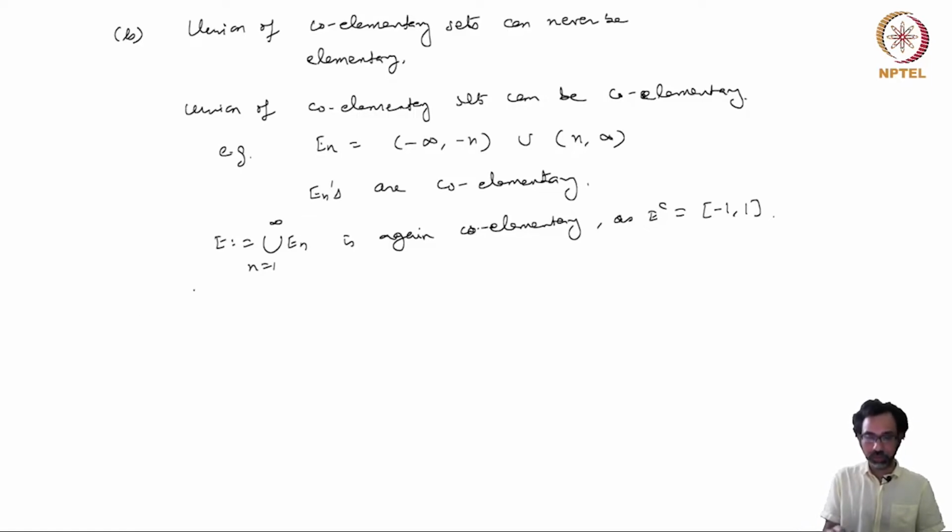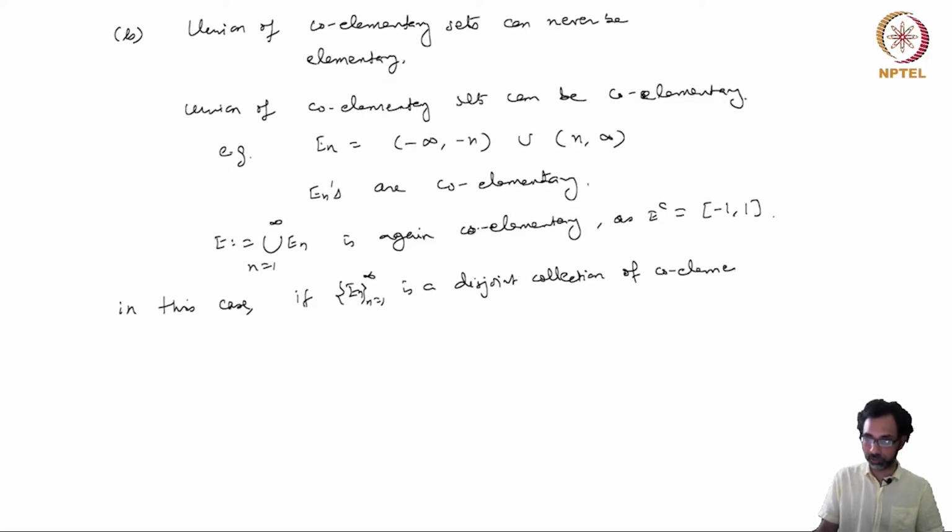So for the second case, if E_n is a disjoint collection of co-elementary sets, which implies that the union, n equal to 1 to infinity, is always a co-elementary set.